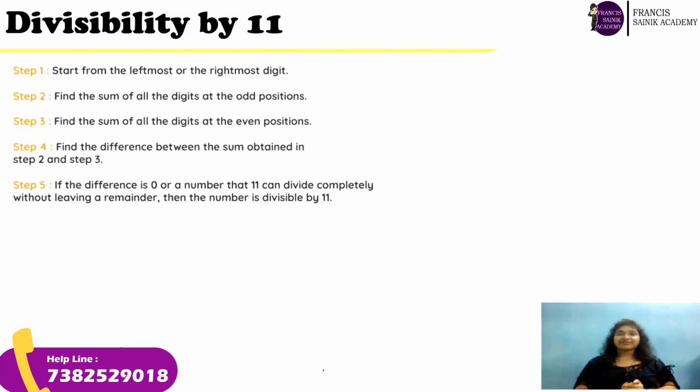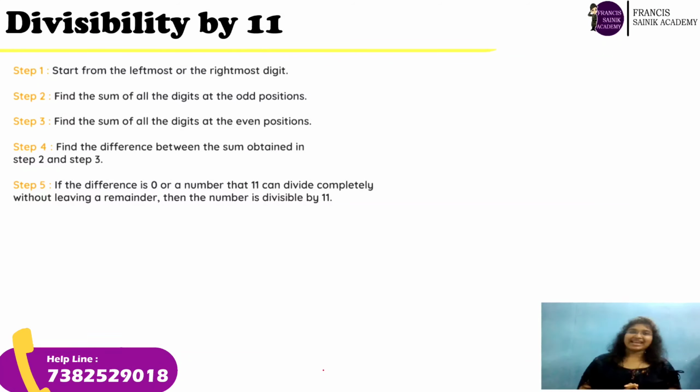Later on, we have to add the digits in the odd places and add the digits in the even places. Next, we have to subtract them. If your answer is 0 or 11 or multiples of 11, then the entire number is divisible by 11.